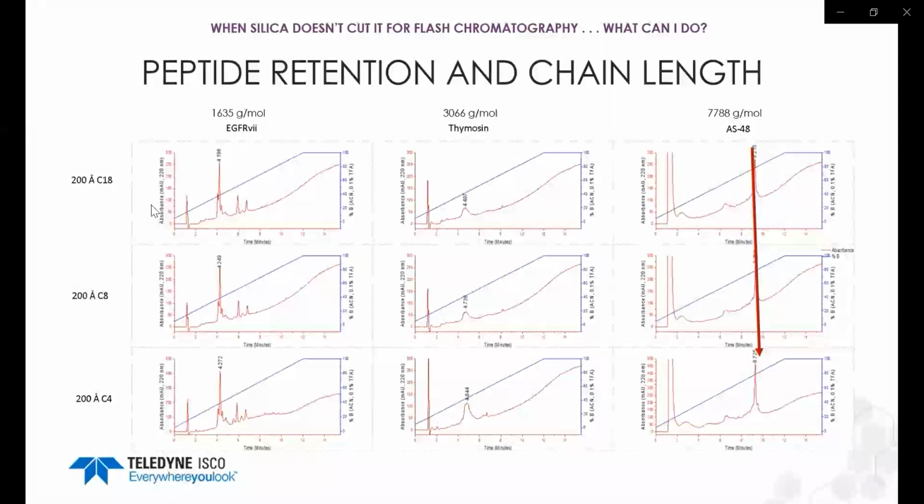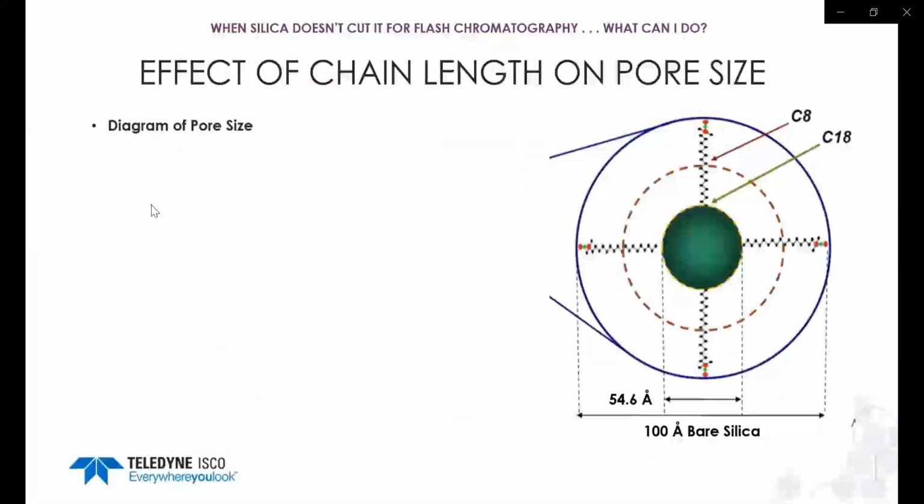So how do we explain this effect? We're going to look at a diagram of the pore size of a 100 angstrom bare silica particle, highlighted in red here. So we have a 100 angstrom opening here.